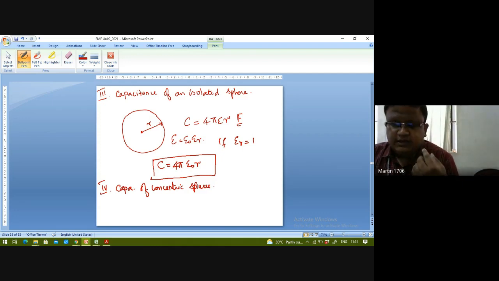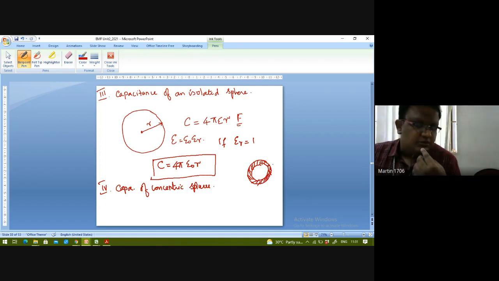It will be the same geometry, but in between only a hollow gap will be there, with some thickness. Where the above had a minimum or thin thickness, here you have a thickness like this. Then what is the effect on the capacitance for this concentric sphere?